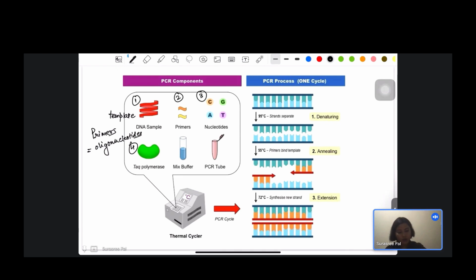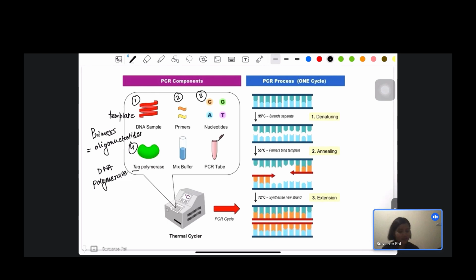We all know about DNA polymerase. What is a DNA polymerase? It polymerizes the synthesis of a new DNA strand based on the template DNA strand. And this particular enzyme Taq is a special enzyme.